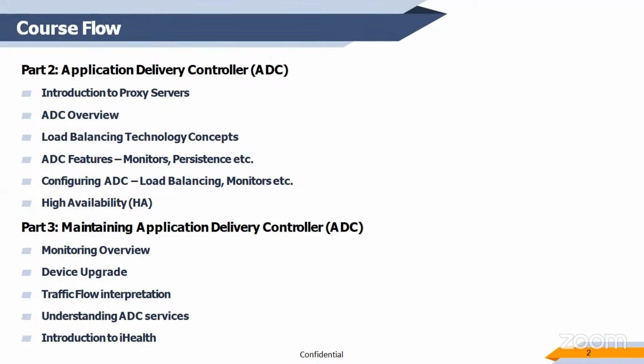Then we'll review the ADC device, the application delivery controller, the architecture of the F5 ADC device, and the modules associated with the F5 ADC appliance. Then we'll review load balancing technology concepts, how many ways you can perform load balancing, since an ADC is basically a load balancer in terminology.